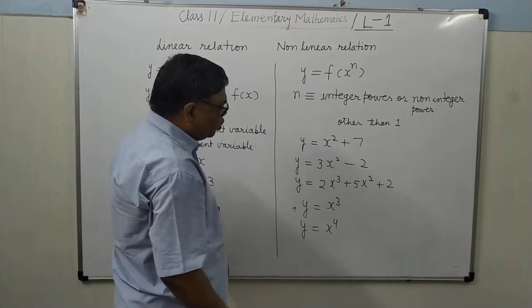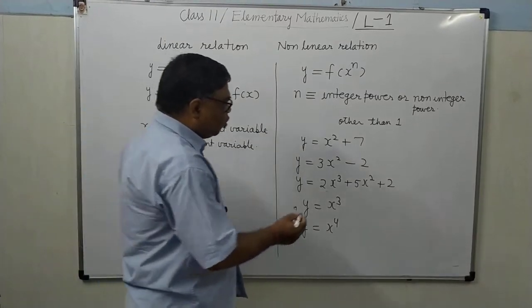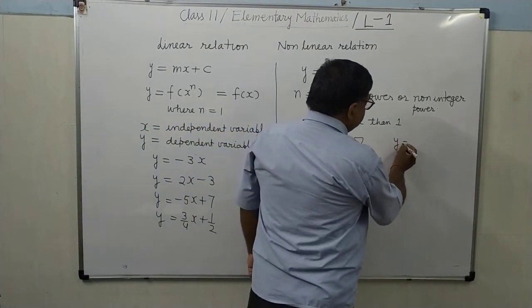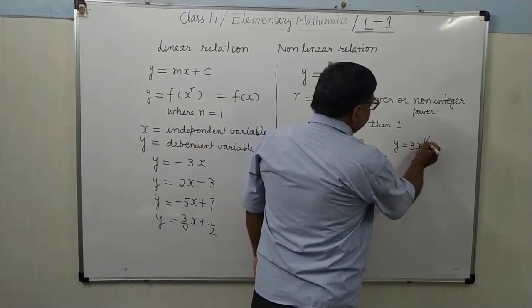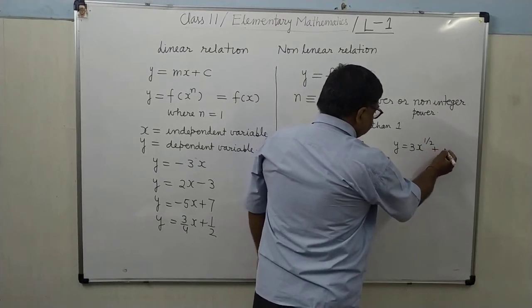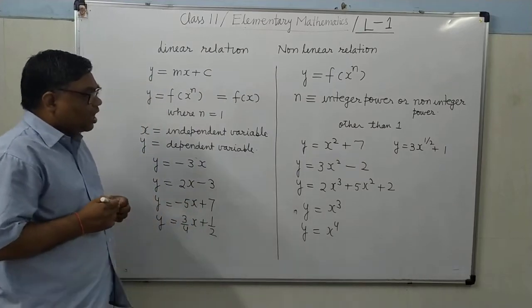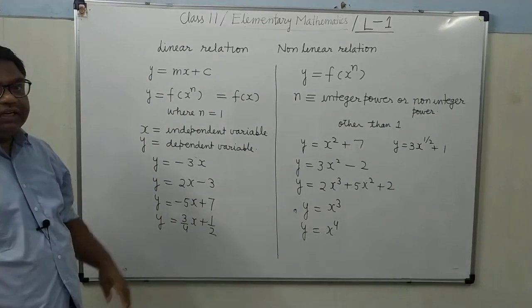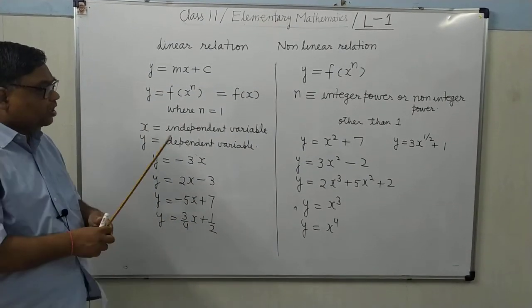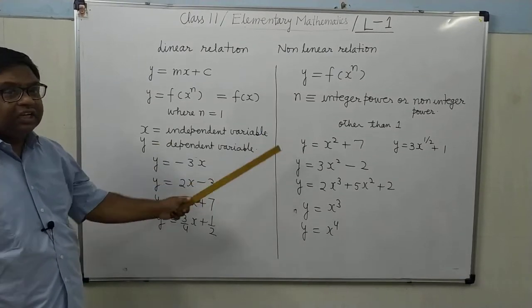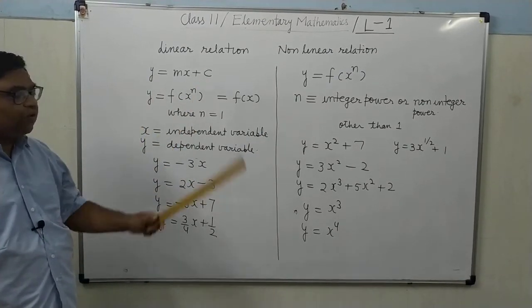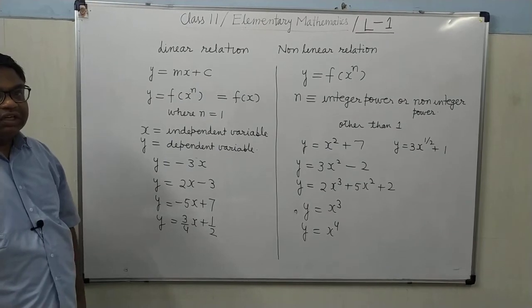It's clear. So here you can see some more, y equals 3x to the power 1 by 2 plus 1, like this. So here all the relations are non-linear relations. They have been categorized as non-linear relations. They are not in the form of y equals mx plus c. It's clear.